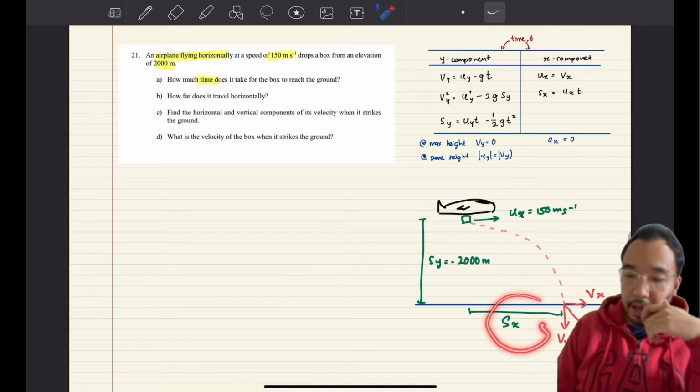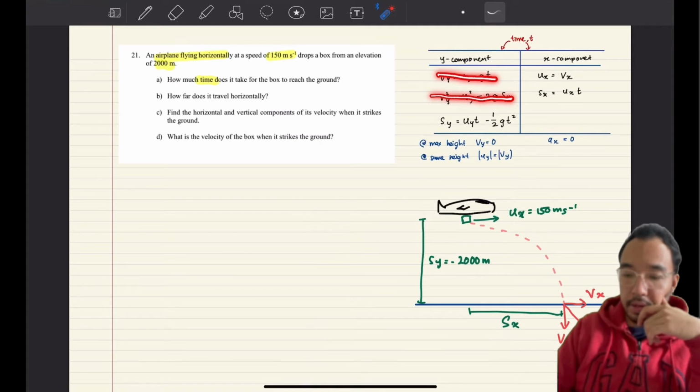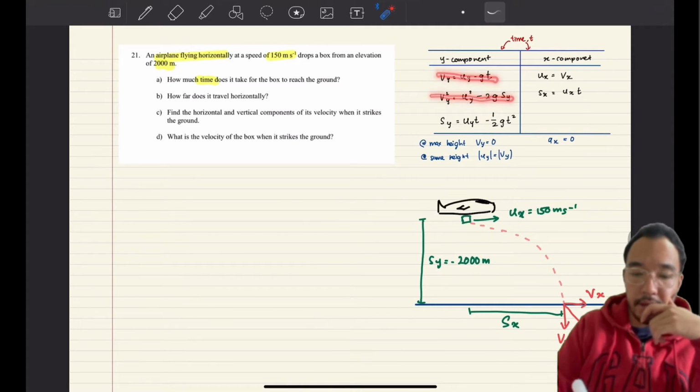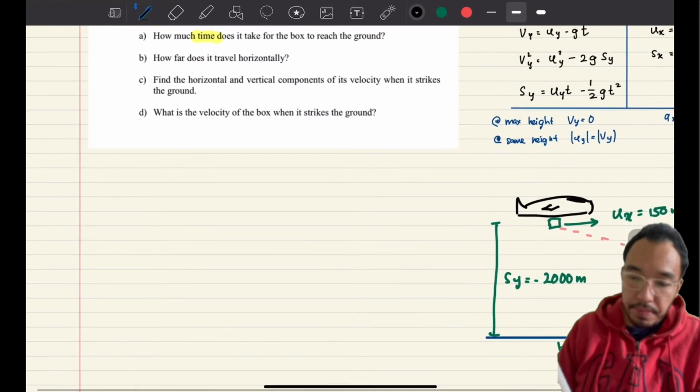So you cannot use the x component, so you have to use the y component. You do know the sy, you want to find time, so you can cancel out this equation first. Since you don't have the vy yet, you cancel out this one as well, so you are left with the third equation. I'm going to write that one down here.